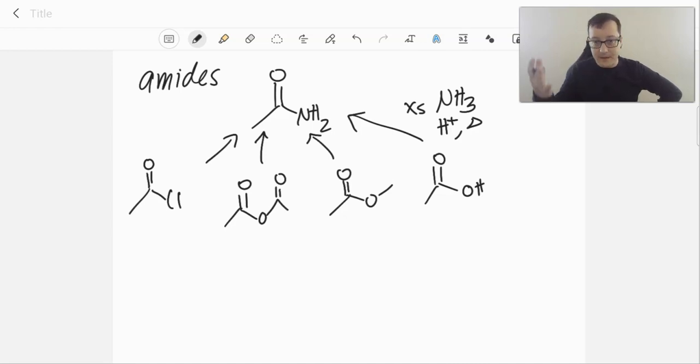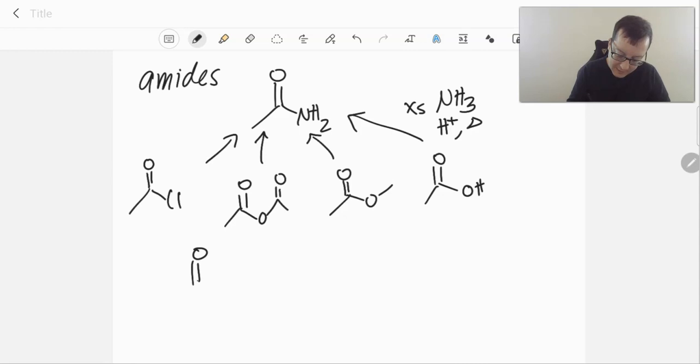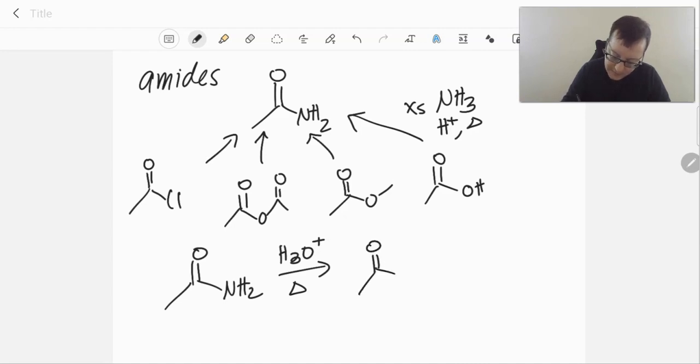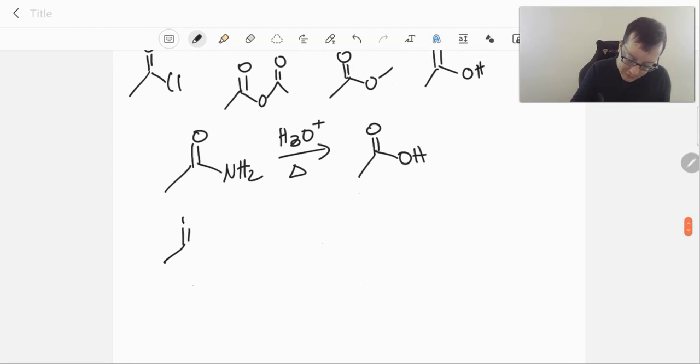So there we have it. We have our least reactive. Of course, just like every other derivative, if we want to think how to work with these, first thing we can do is hydrolyze them, right? In either acidic conditions or basic conditions, you can get acids out of amides if you hydrolyze them.